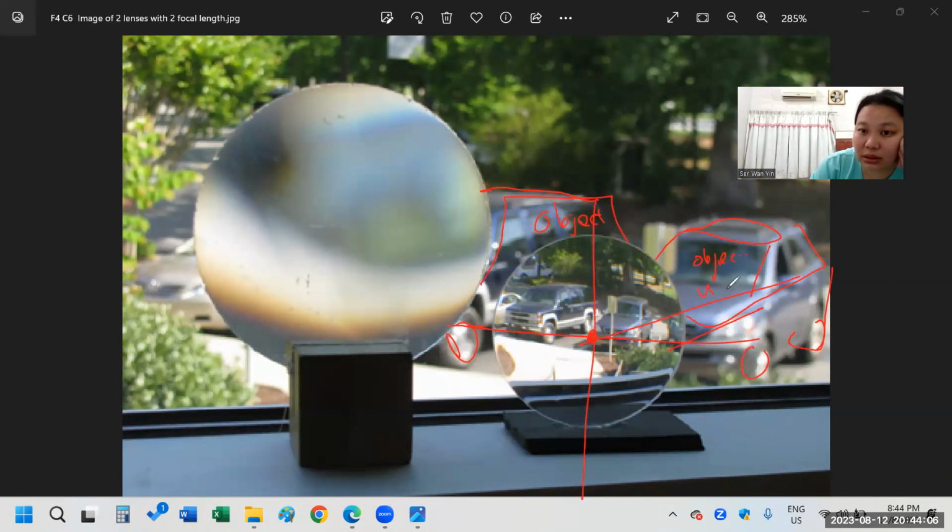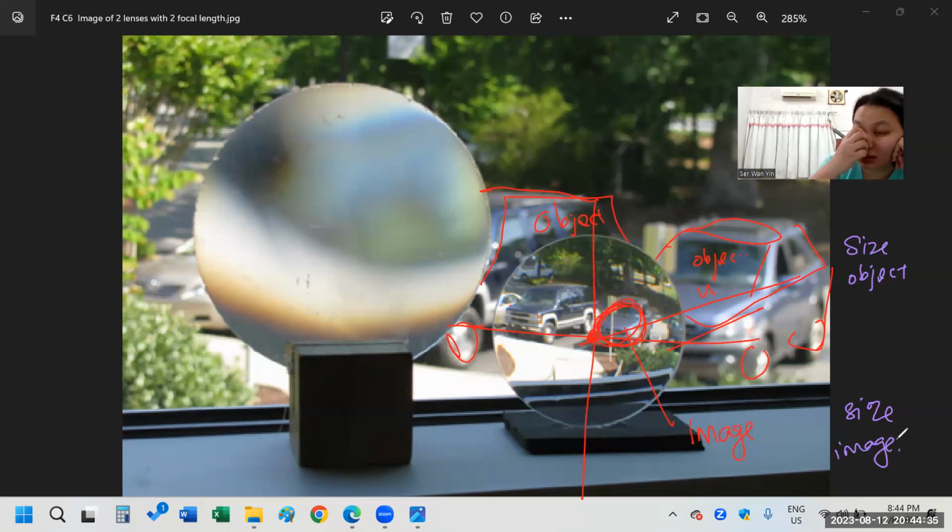Then what can you see now? We compare this car, and the car you see on the lens is called the image. Now, can you please compare the size of the object and the size of the image?